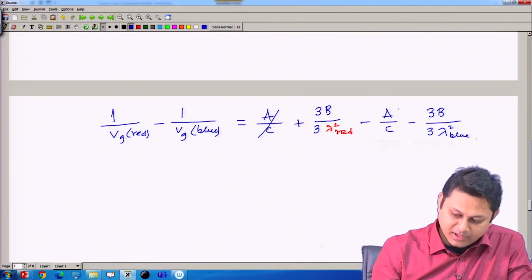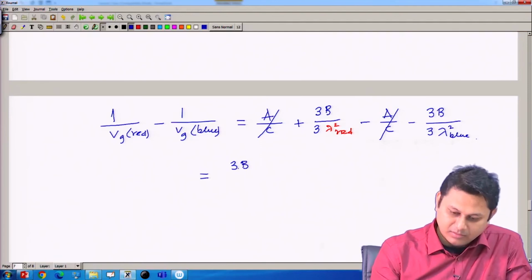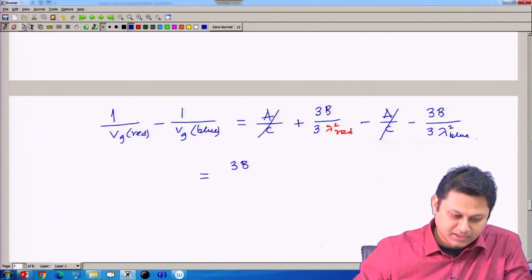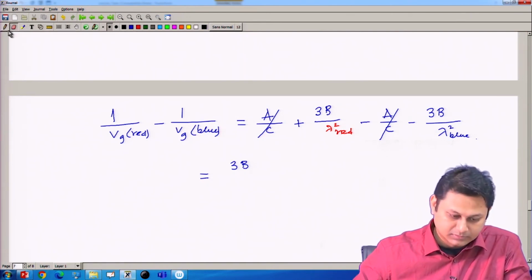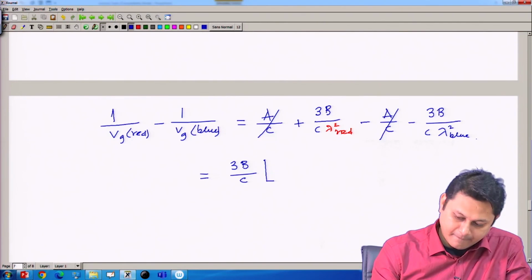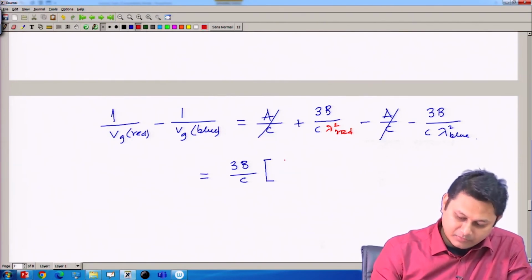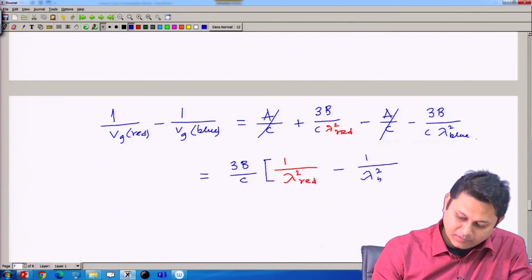A by C is going to cancel out. So, eventually I have 3B over C, I was making a mistake here, so it is C, times the term 1 divided by lambda red squared minus 1 divided by lambda blue squared.